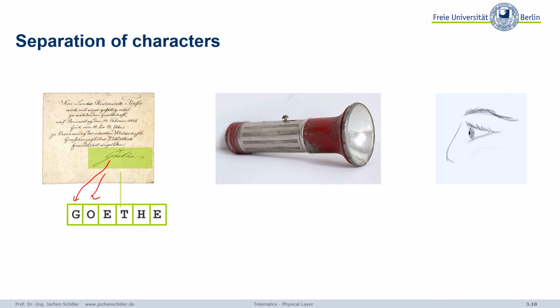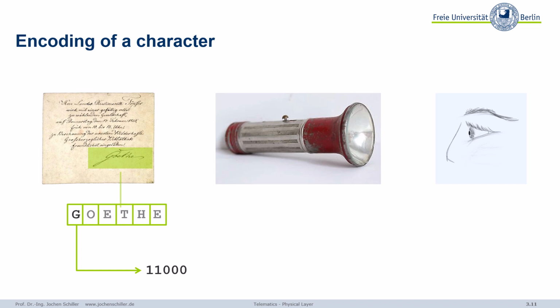That's one of the first things we have to do. We have to separate what we have here in this example, on this note, into certain characters, certain parts of our data that can be separated. And the next step is we have to encode it.